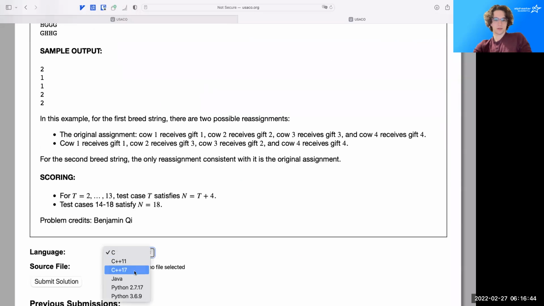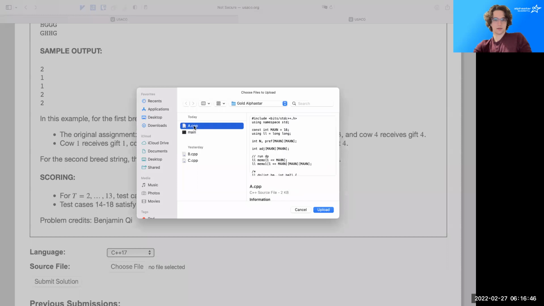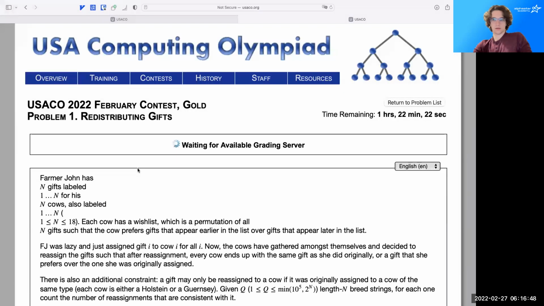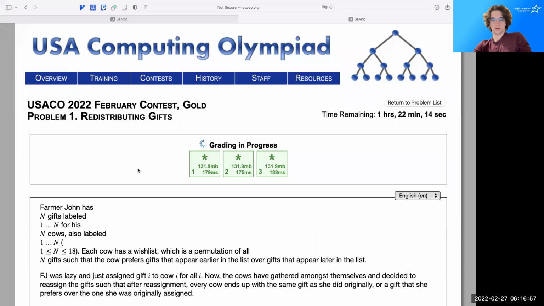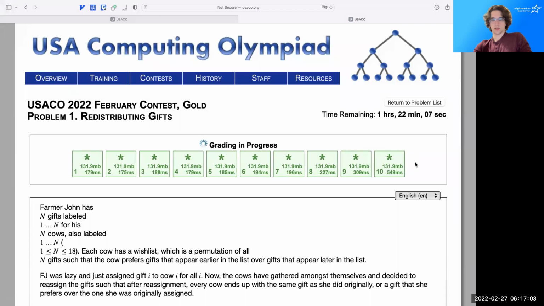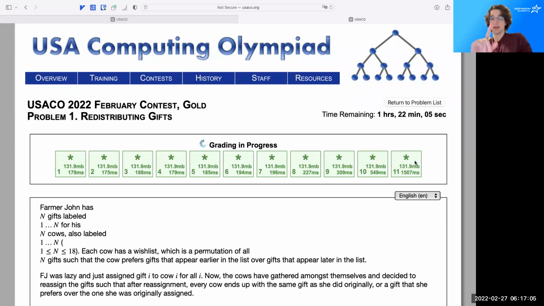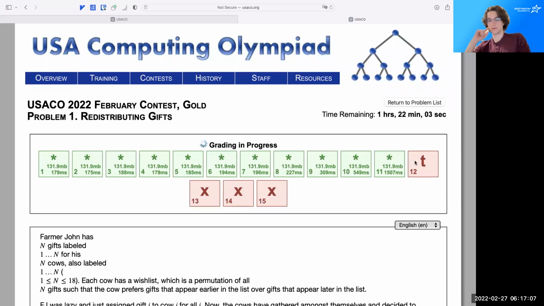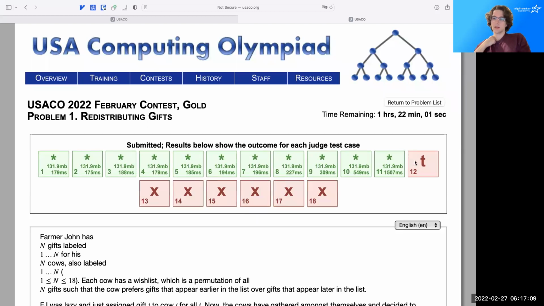Reduce it once more. I just want to see if it gets the next test case. That is actually a test case we didn't used to get, right? Interesting. I believe we were at 10 before.